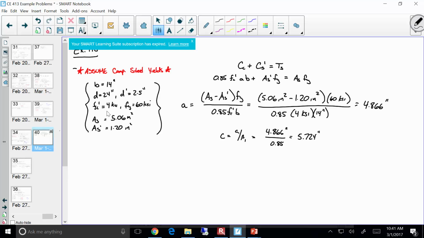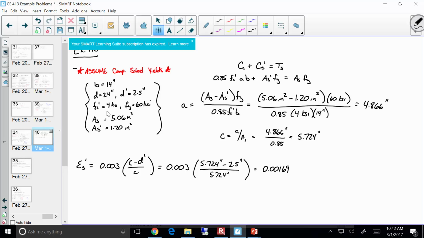And epsilon sub S prime is 0.003 times c minus d prime over c, so 5.724 inches minus 2.5 over 5.724 inches, and what do we get? 0.0017.